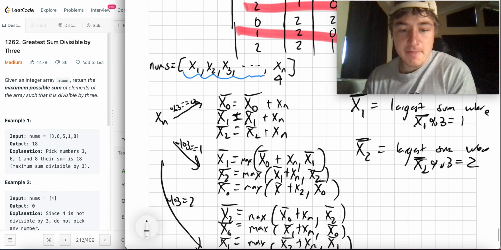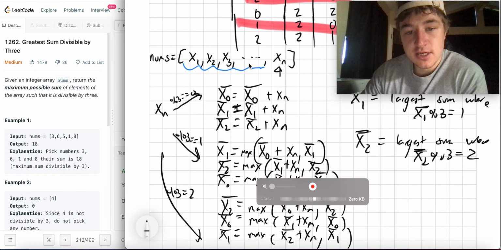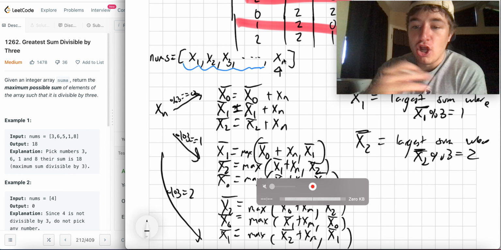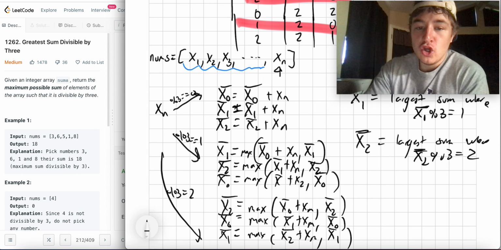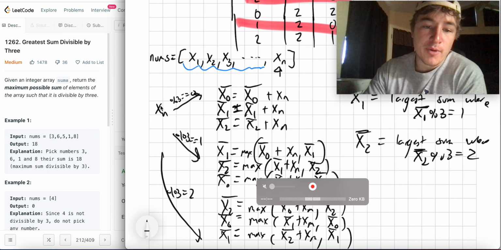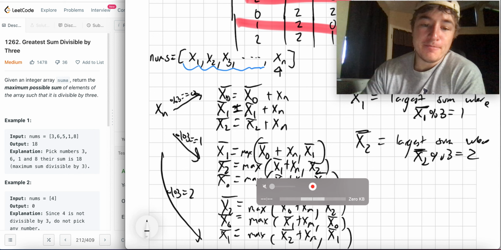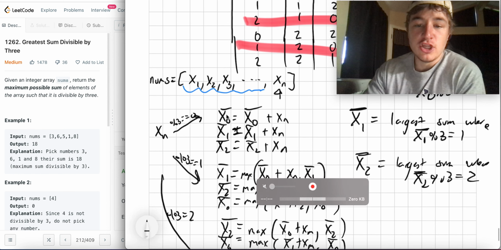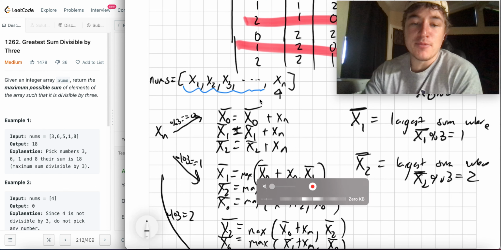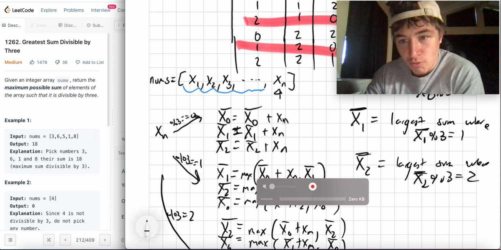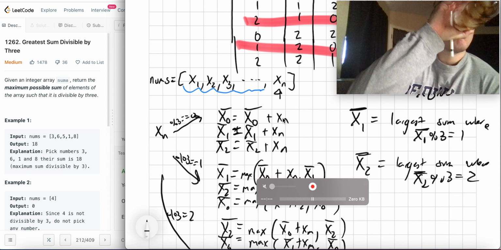So basically, if I know the largest sums using the previous elements, when I add in an additional element, it'll change the largest sums mod anything depending on what that number is itself mod something, right? So if xn, the newest number, mod 3 is 0, then my largest sum, meaning the sum of the elements that I'm using to get something modular 0, I add in my newest element, right?